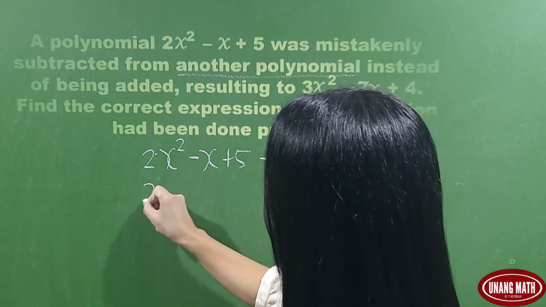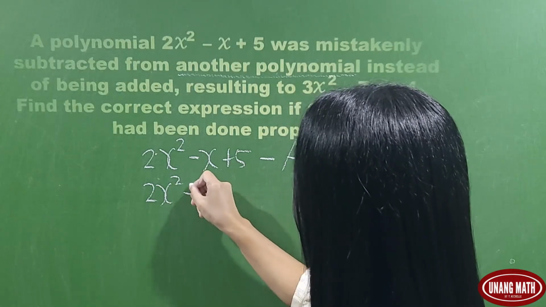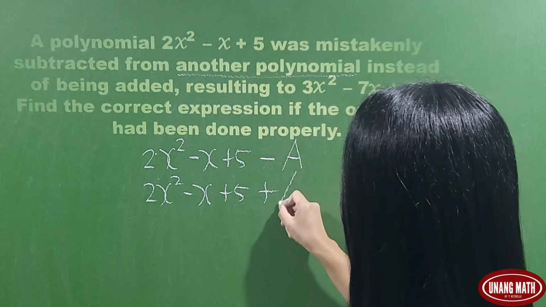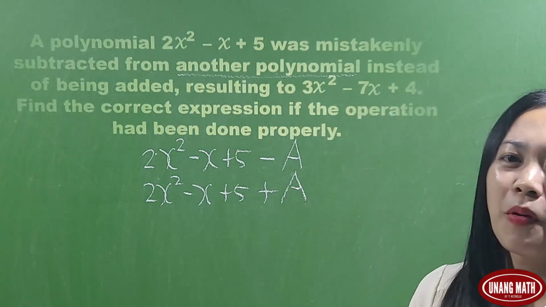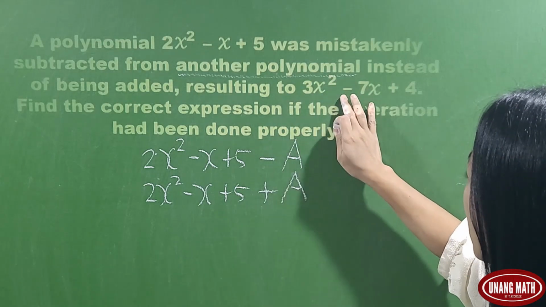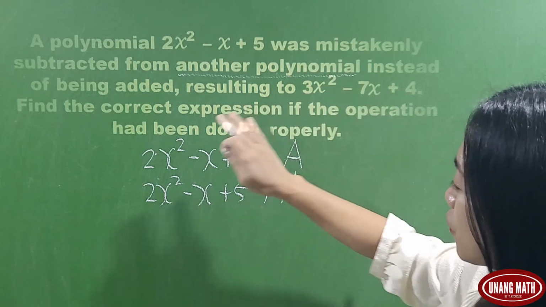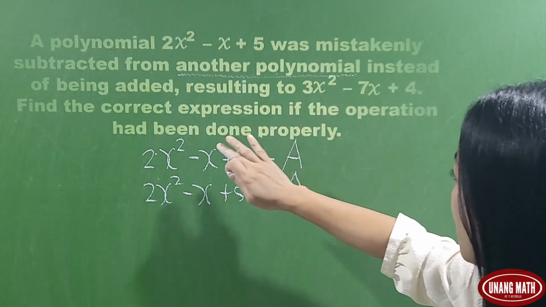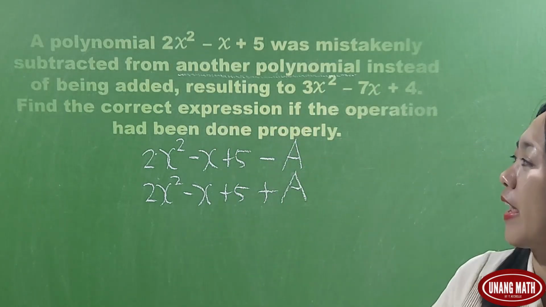So supposed to be, this is 2x squared minus x plus 5 plus this polynomial, resulting to 3x squared minus 7x plus 4. So we're going to find the correct expression if the operation had been done properly.